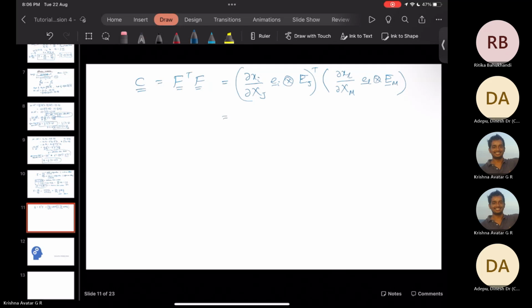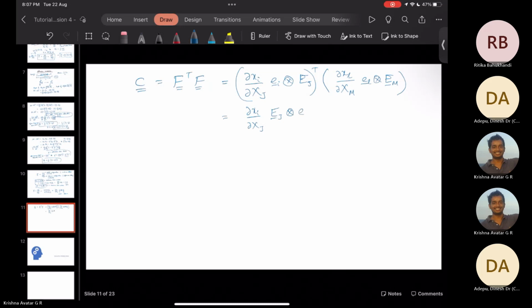After the transpose, the transpose of this tensor can be represented by switching the order in this dyad product or tensor product.